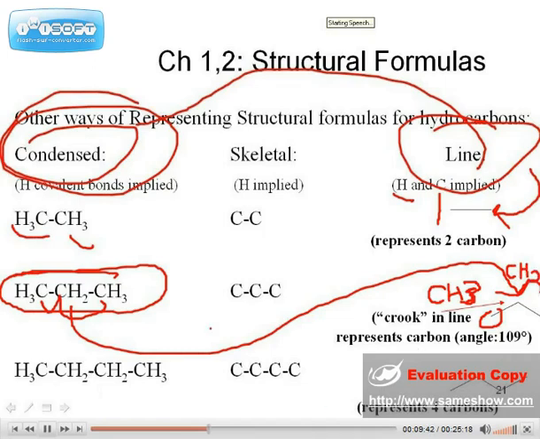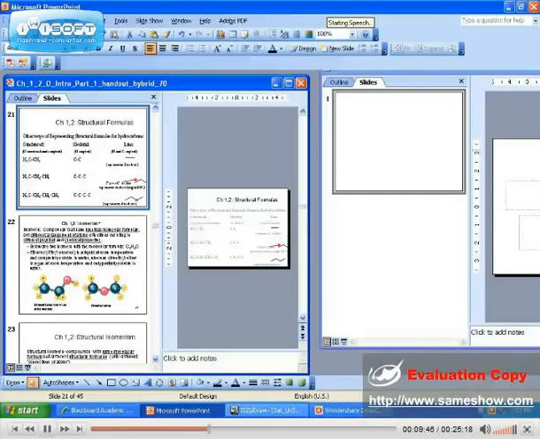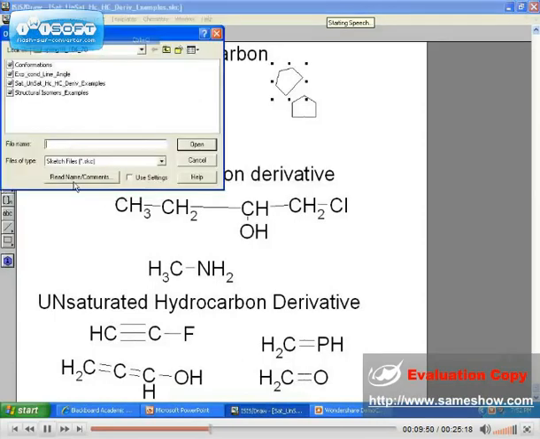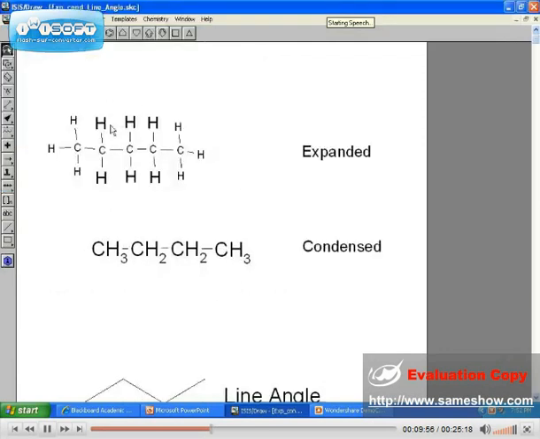Let's see better examples of these using the ISIS Draw. Here on top we have the expanded structure where you can see every single atom and bond. Condensed: all of the carbon and hydrogen bonds are implied.